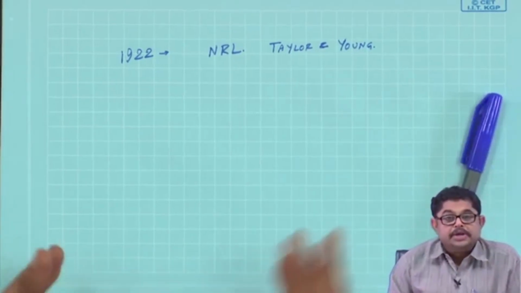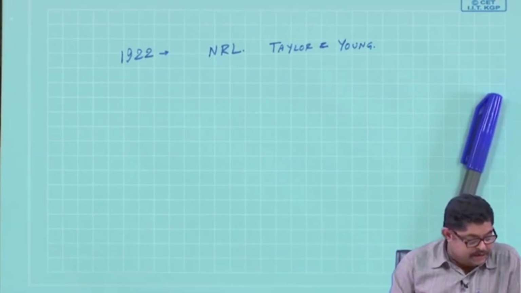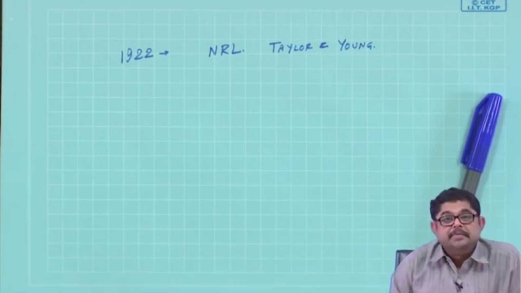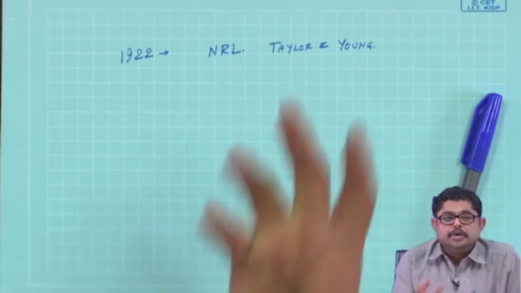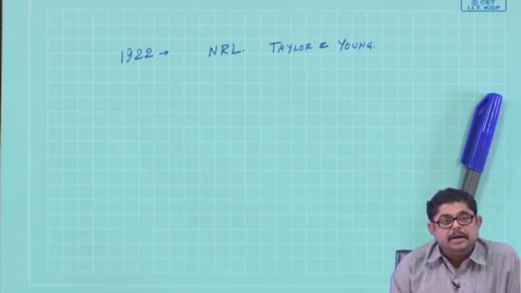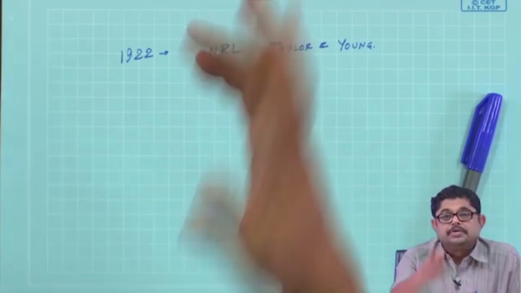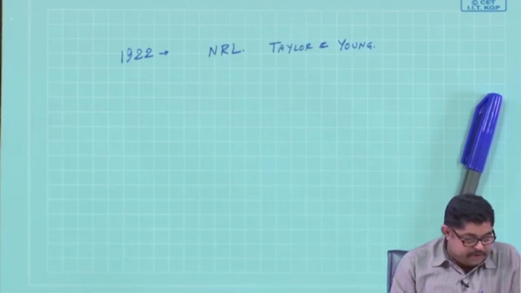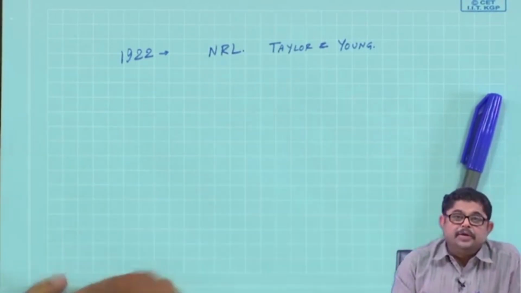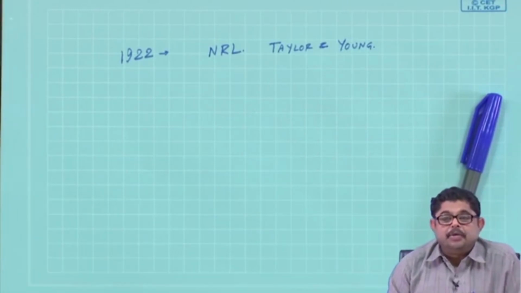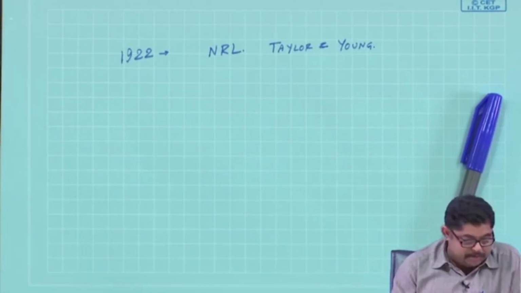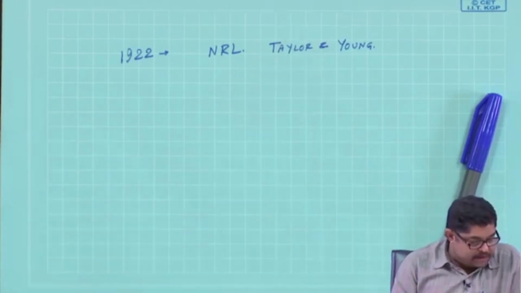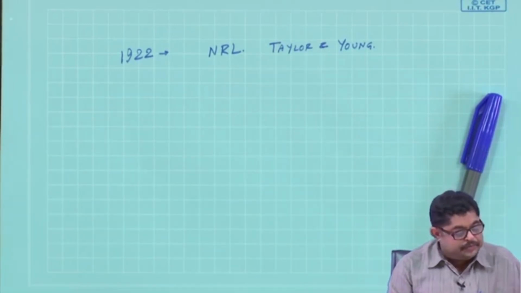So, a wooden ship was detected at 60 megahertz. At that time only low power sources were available, and it was a continuous wave source. But here also initially the American naval authorities did not permit them to extend this work.